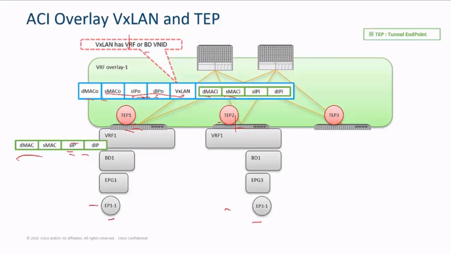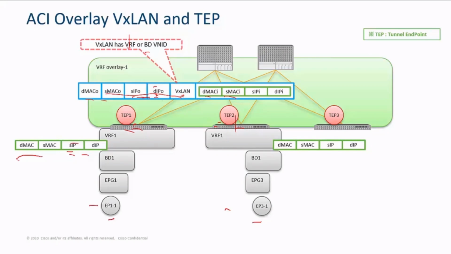And so what we're simply going to do now is route the traffic across the ACI fabric using that destination IP address, the IP address of leaf 2. The traffic is going to be routed over the ACI fabric to leaf 2. Leaf 2 is going to receive it and decap that outer header because it's destined for its IP.